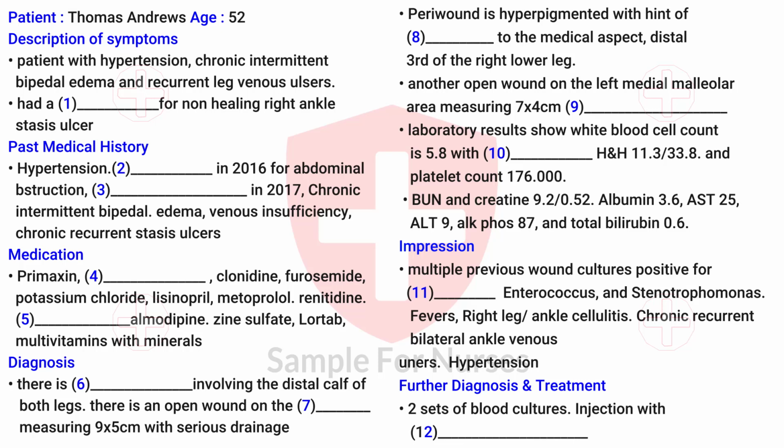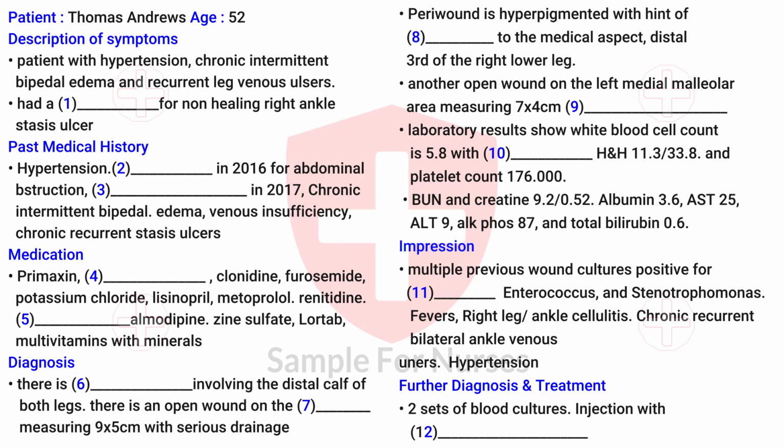There is hyperpigmentation involving distal calf on both legs. There is an open wound on the right medial malleolar area measuring 9 by 5 centimeters with minimal serous drainage. Periwound is hyperpigmented with a hint of erythema extending proximally to the medial aspect, distal third of the right lower leg.